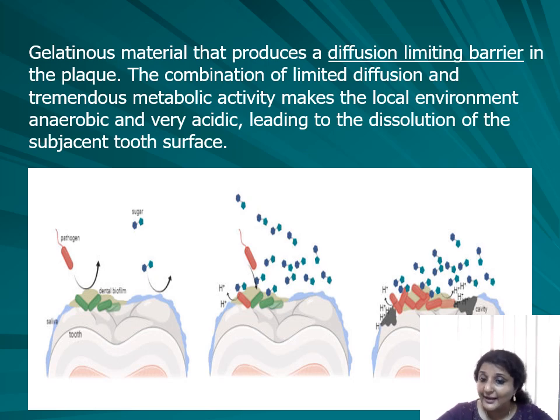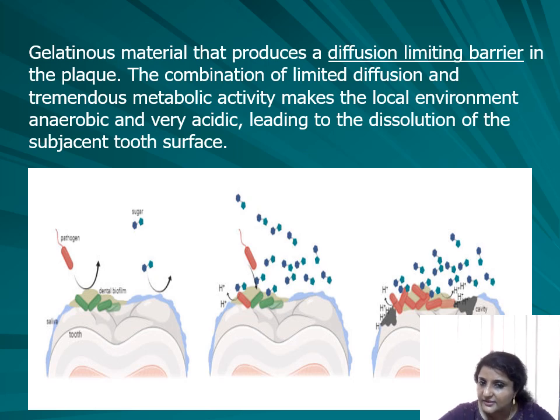Now, how does this plaque actually work? If there is a layer of plaque on the surface of the tooth, of course it has bacteria, but for a day it's going to be all right. But if the oral hygiene of the person continues to be poor, the thickness of the plaque keeps on increasing.